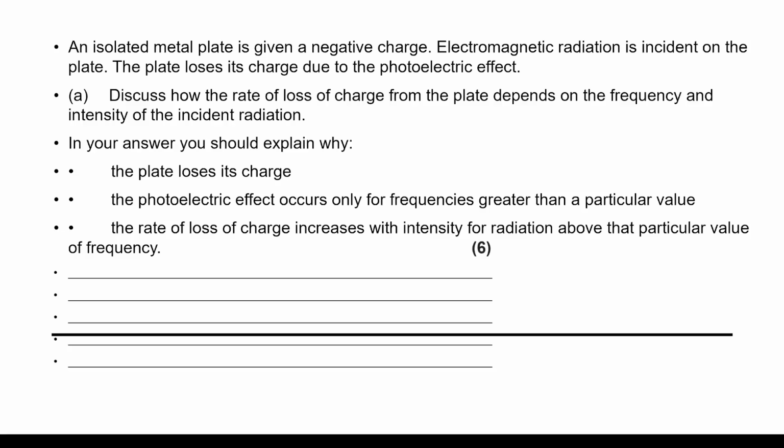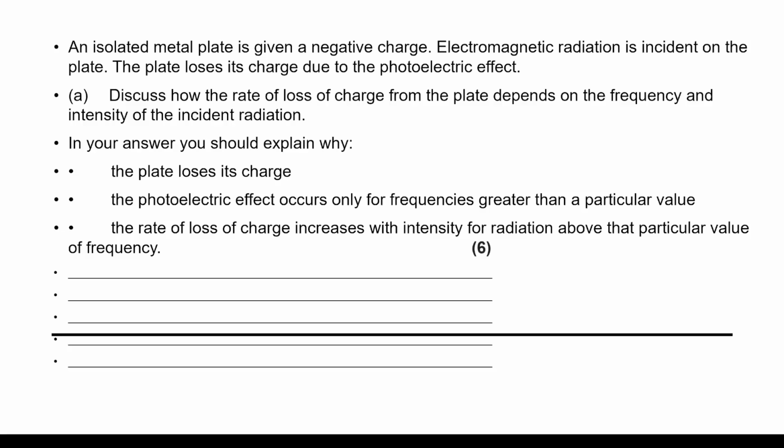Let's do this one. An isolated metal plate is given a negative charge. Electromagnetic radiations are incident on this plate. The plate loses its charge due to photoelectric effect. How does the rate of loss of charge from the plate depend on the frequency? Larger the frequency, larger the energy.